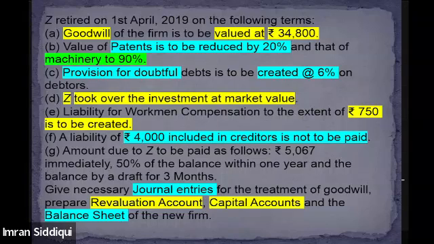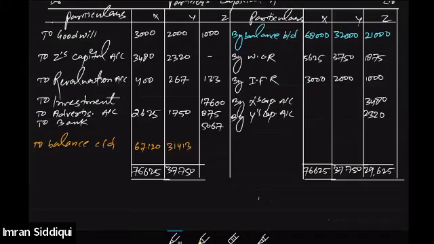So what is this statement trying to say? This statement is trying to say that it will be considered that we have taken a loan of 50% of the amount, and for the remaining amount we have issued a bills payable to Z. Let me show you.